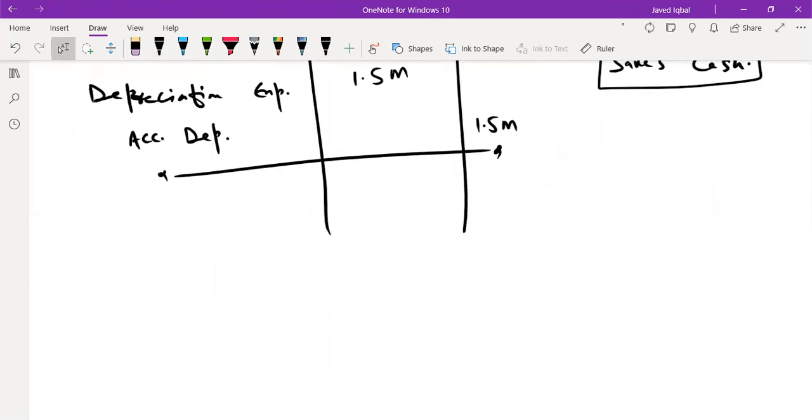So this was one method. There are other methods of calculating depreciation as well.